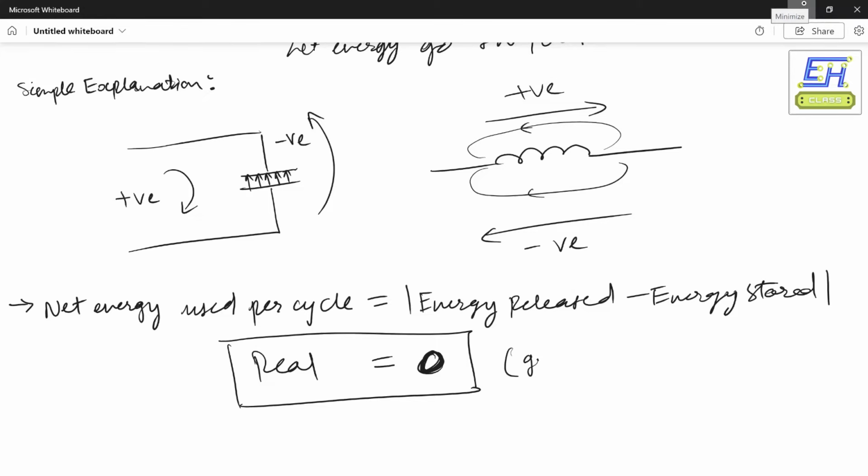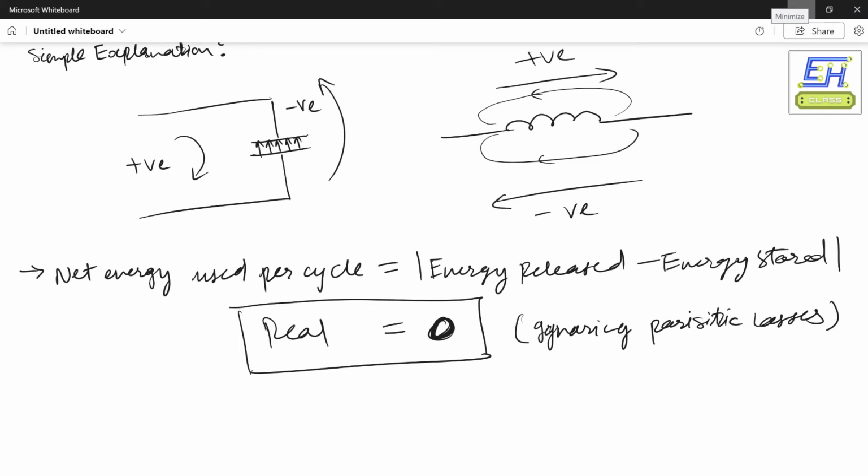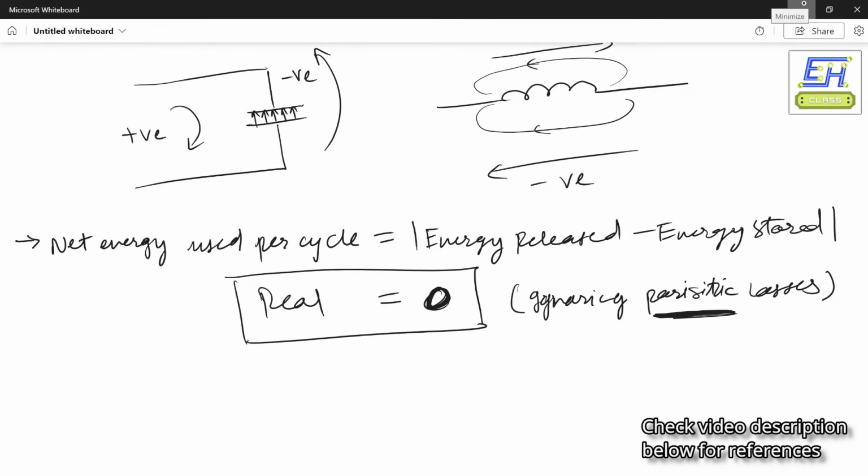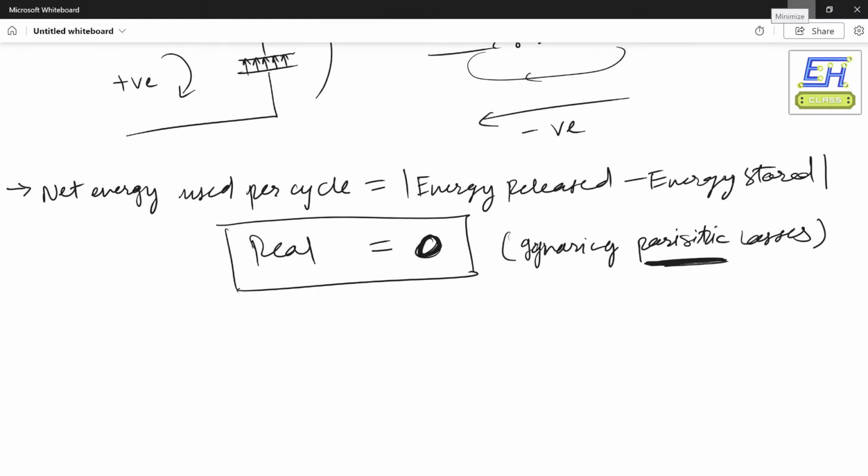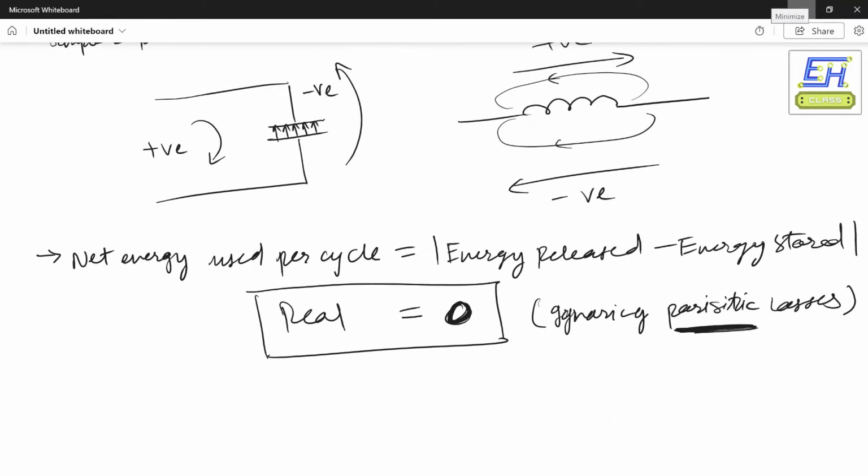Of course, we have to ignore the parasitic losses, which can be resistive and capacitive. If we ignore that, these components will not use any real power. By the way, if you don't know about parasitics, you can always check my older series video on the parasitic elements. But you see, if we look within the cycle, we see an actual flow of current.